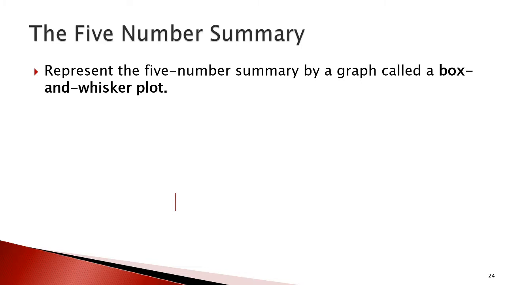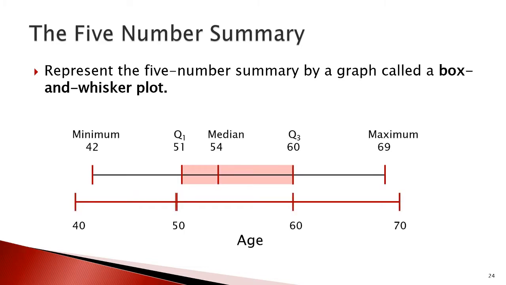So let's move on to the example that we have done previously. We can draw any scale; I'm using a scale from 40 to 70. Our minimum value was 42 and the maximum was 69.